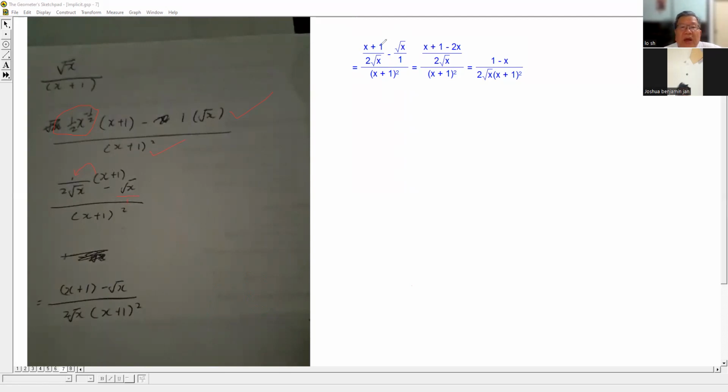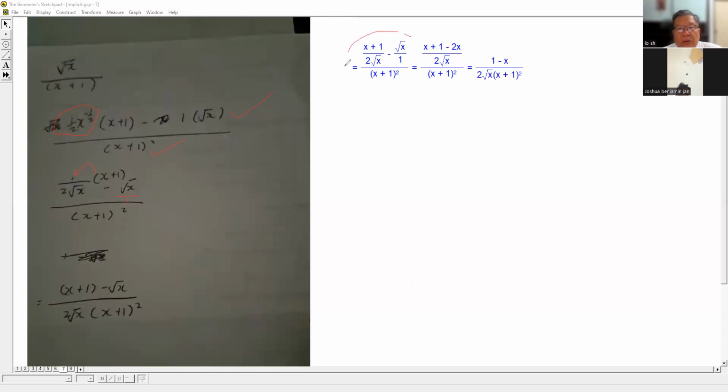X over 2 root x, x plus 1 over 2 root x. This is correct, right? Then behind we have square root of x over 1, x plus 1 square.